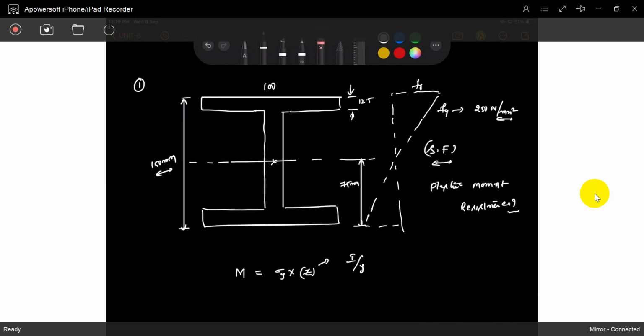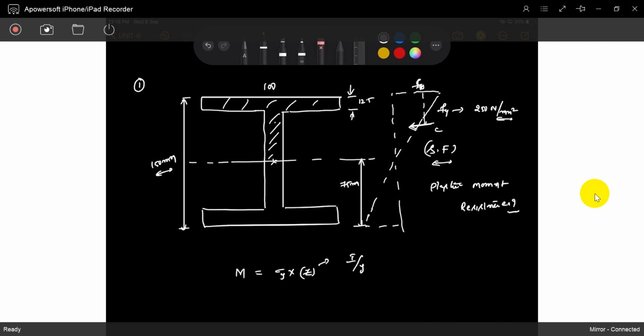Every section is something different. This is the stress, and this is the strain diagram. You can find the area, the compressive force C, and the exact location of the CG of that portion. That is hectic, and there is no need at all.